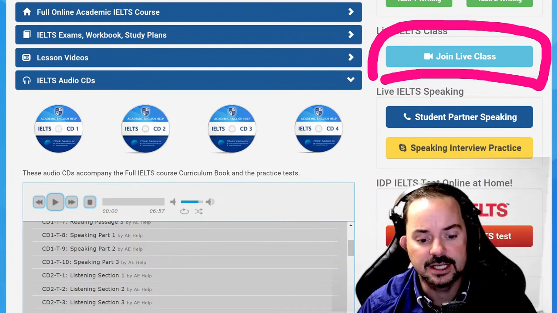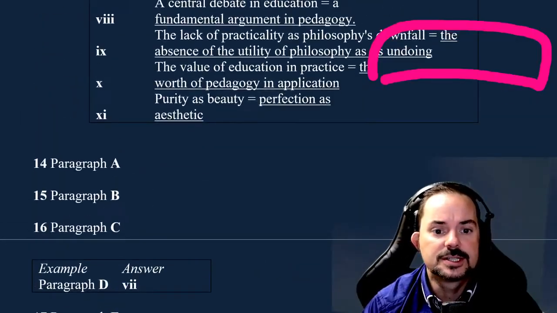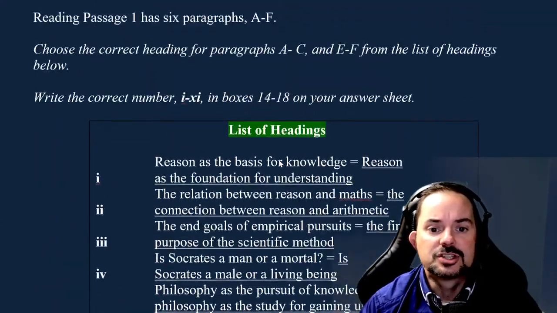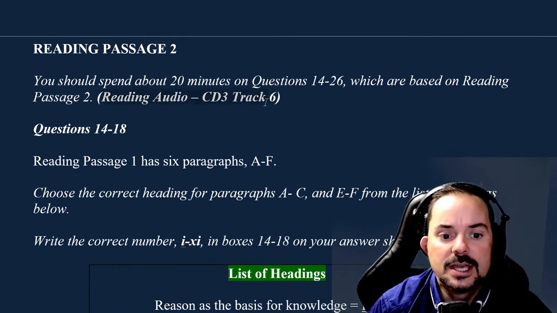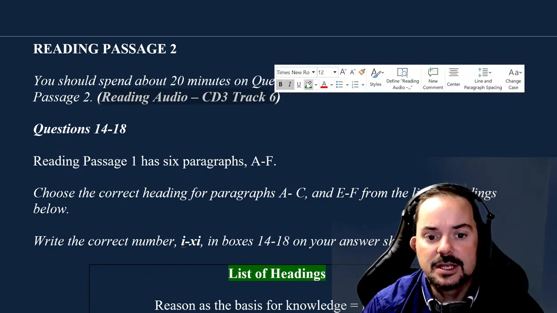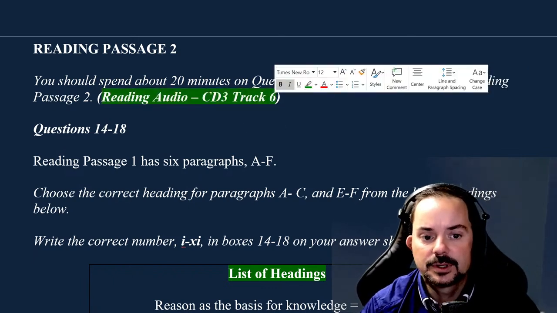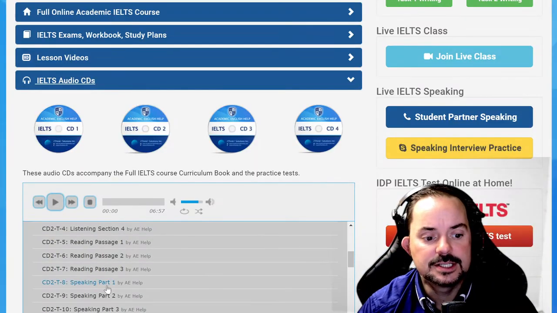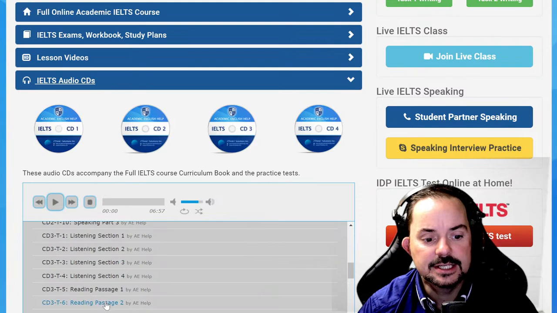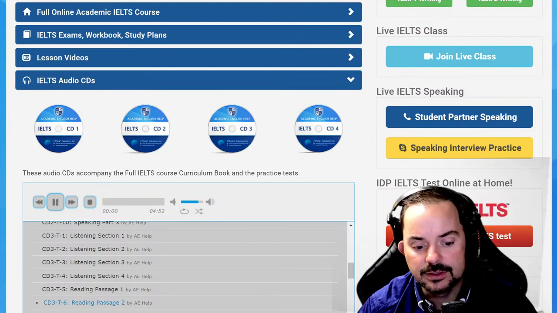So you will see in your full course materials that you have instructions where you can find it. Here, you can see that the audio is located as CD3 track 6. So on the website, we find CD3, track 6, and we read along.